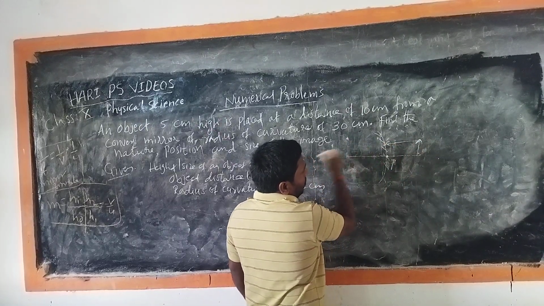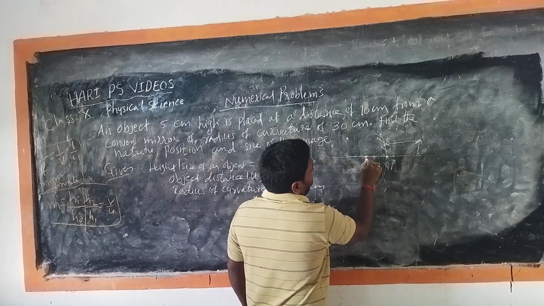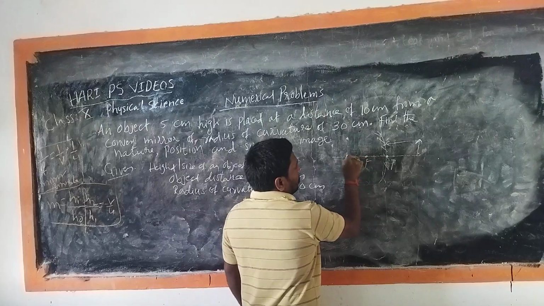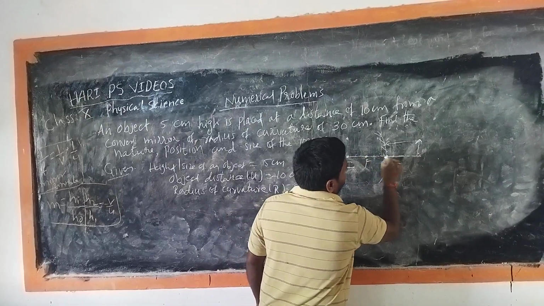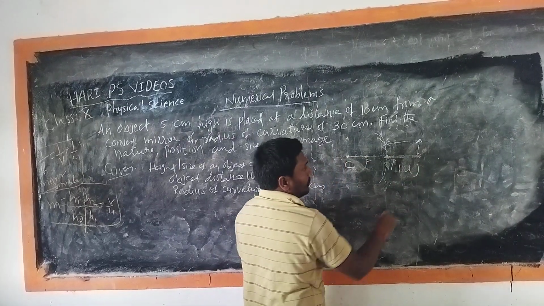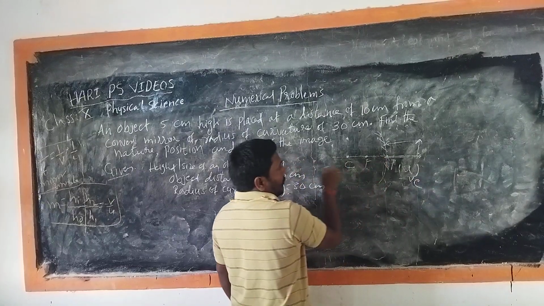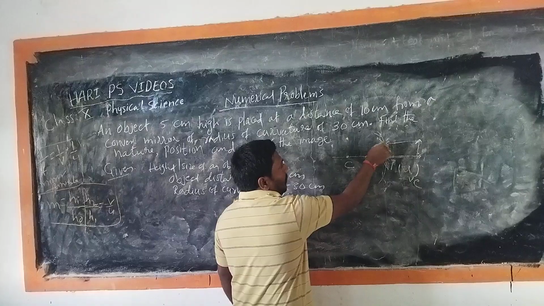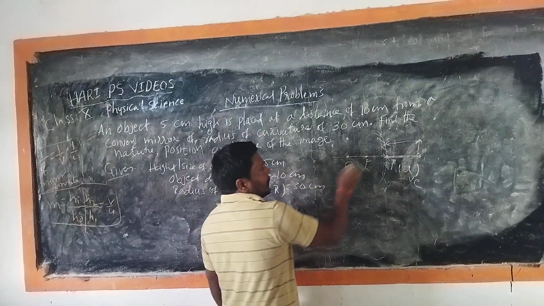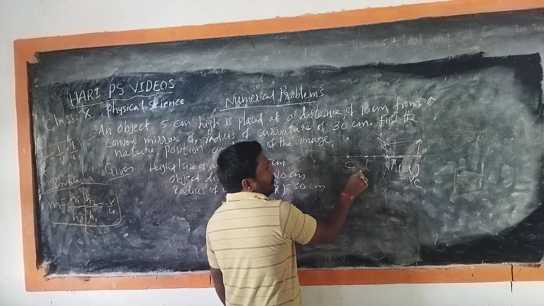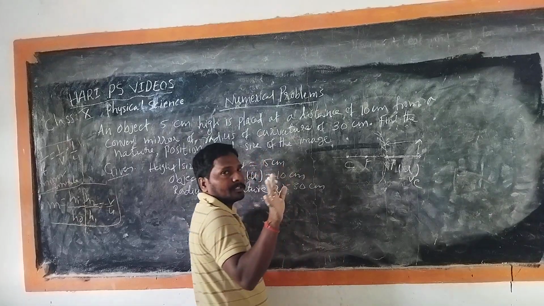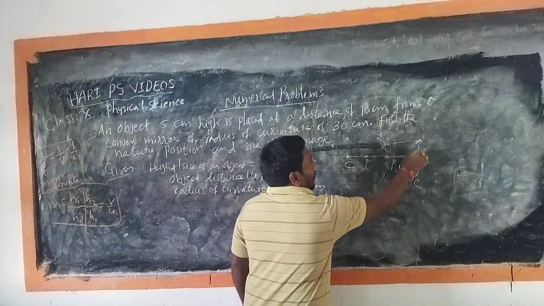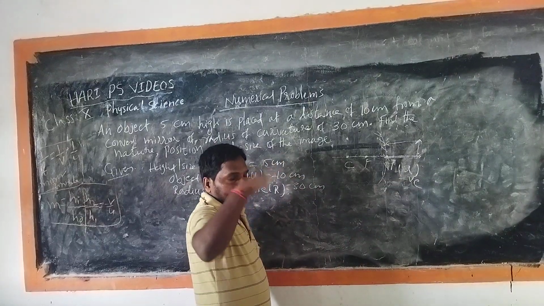The remaining are all on this side only. Here the focus, here the center of curvature. So from here to here is the object distance, so negative. The focus, focal length and center of curvature are all along the direction of light rays, so all should be taken as positive.